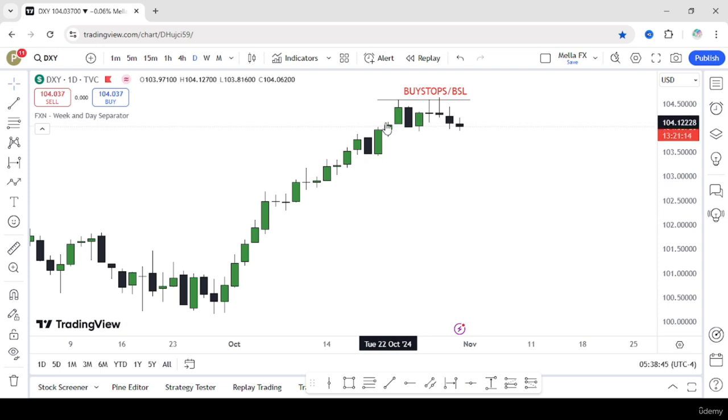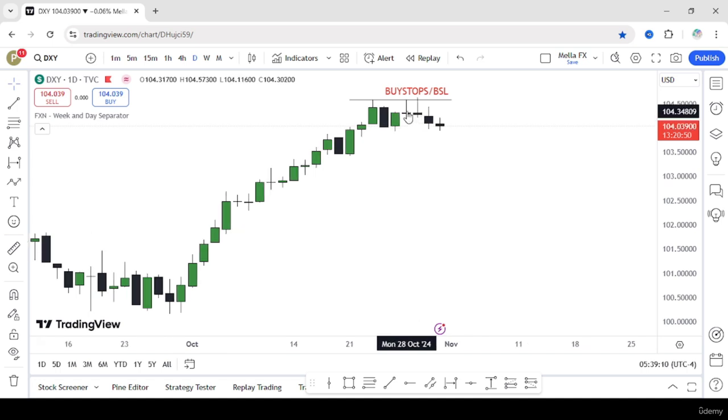The next swing low or swing high below this high is lower than this candle's high, and the same on the opposite side. So on both sides, we have swing highs which are below the highest high of this candle.